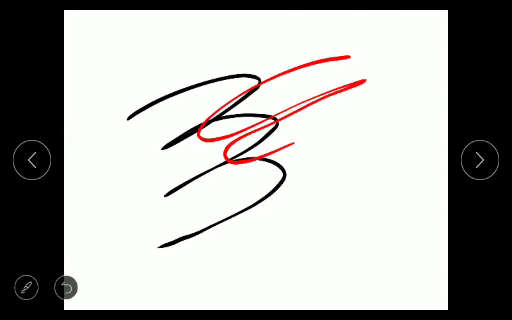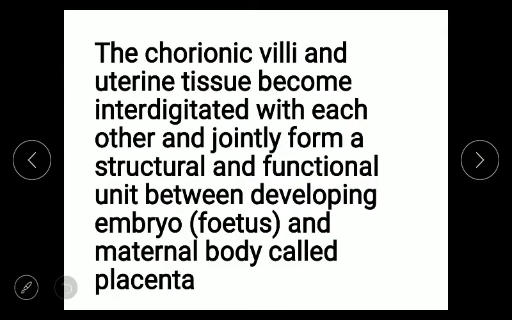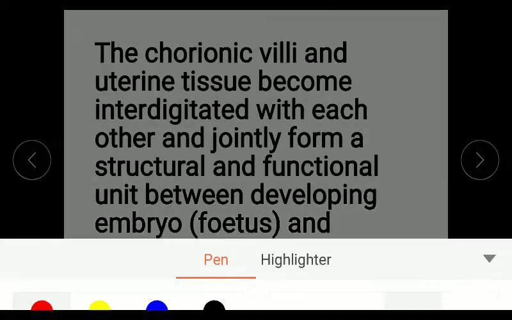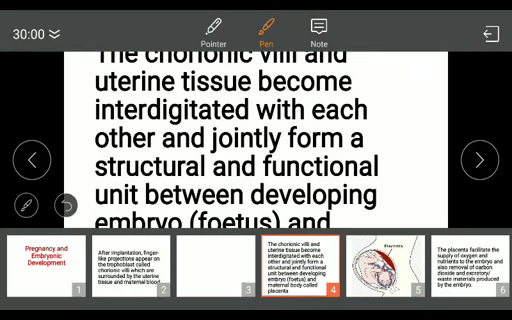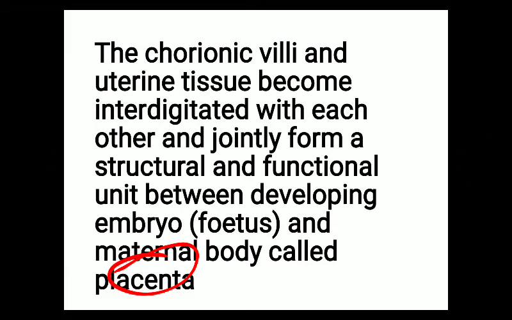They will get interdigitated with each other, and finally they will form a structure which is known as placenta. This placenta will act as a connecting link between the developing fetus and the mother.